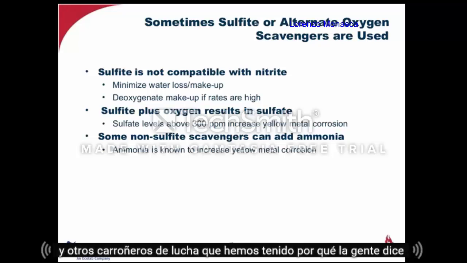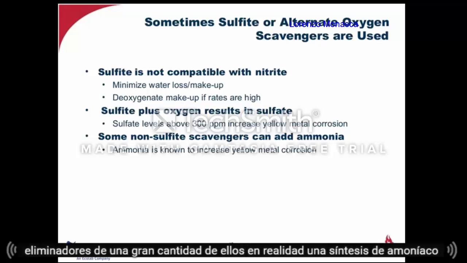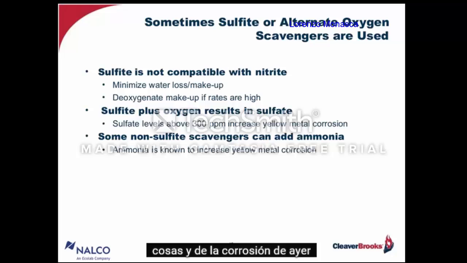Some people say, well, I just won't use sulfite then, I'll go to some of these non-sulfite scavengers. A lot of them actually add ammonia to the system, and that also is a corrodant of yellow metal. So then you would have copper alloy corrosion as well.